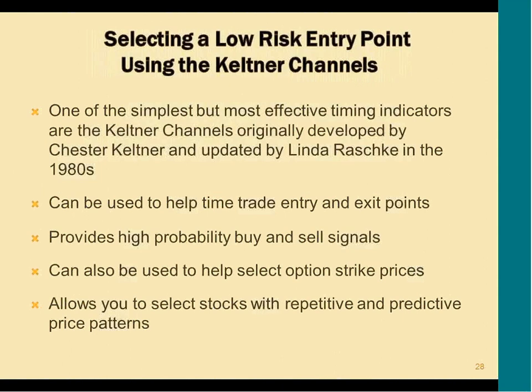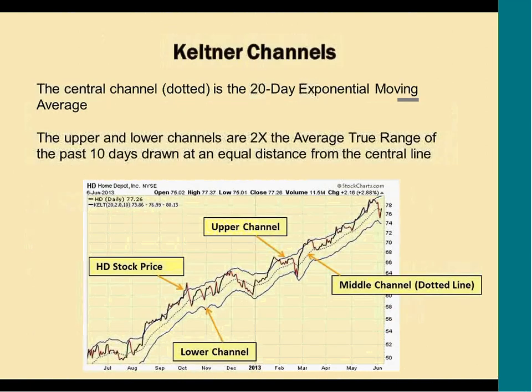The middle is in the middle here, and then of course we have the lower Keltner channel, this lower blue line. This is calculated as follows: the center line, the dotted line, is the 20-day exponential moving average for the stock, and then the upper and lower channels are 2 times the average true range of the past 10 days, drawn at equal distance points from the middle line.